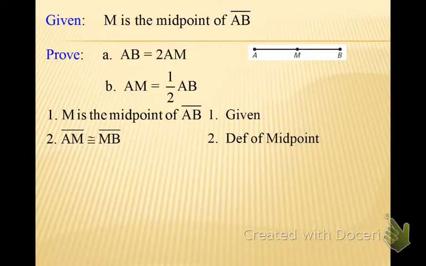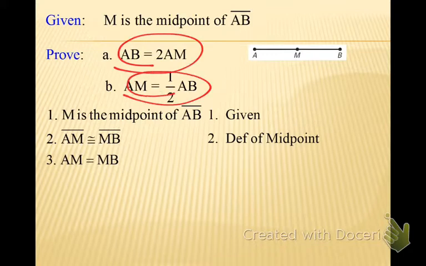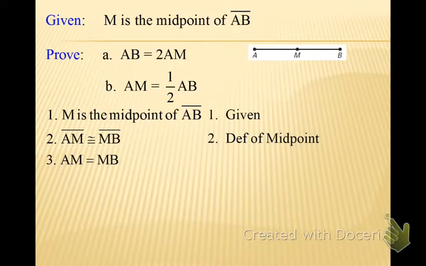Now, from here, we need to jump down, and instead of talking about the actual segments being congruent, talk about their measures being equal. The reason we need to do that is because everything that you're trying to prove is all about measures and not the actual segments. So we do that here to get us back into the mode of talking about the segment lengths.